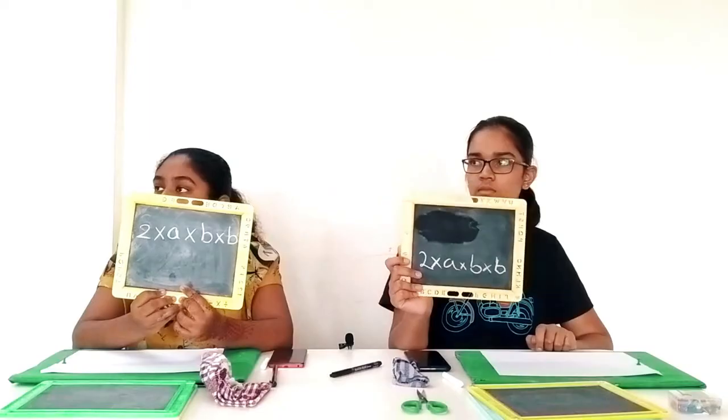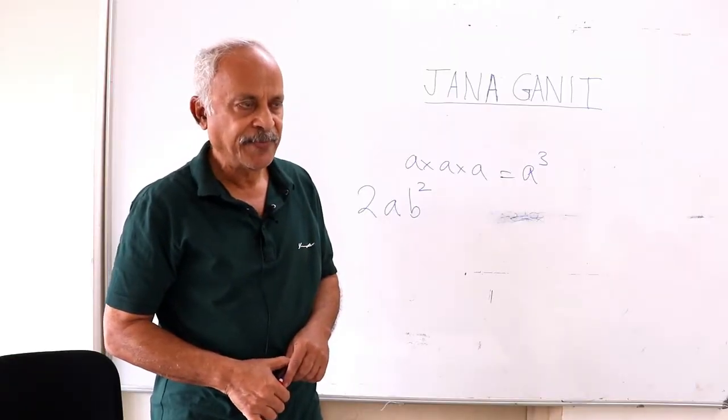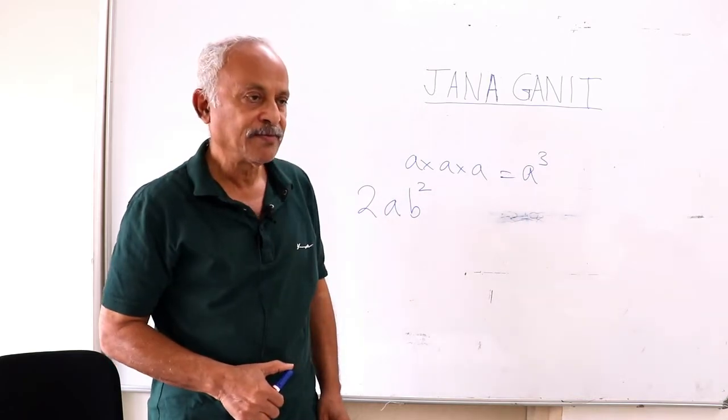Very good. 2 into A into B into B. So supposing A is 3 and B is 4, what is 2AB squared? Do it on your calculator.